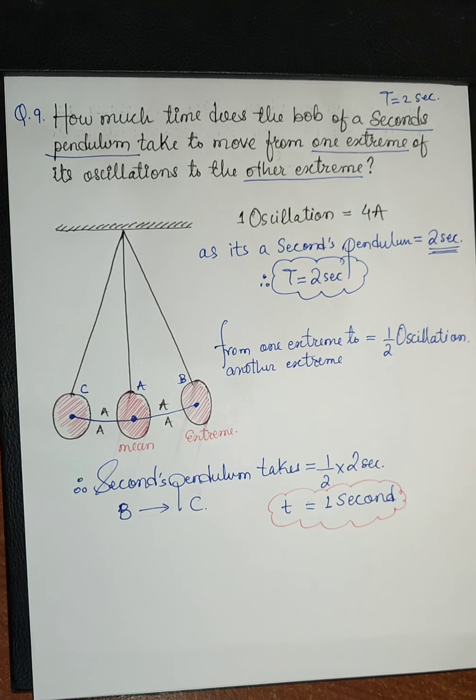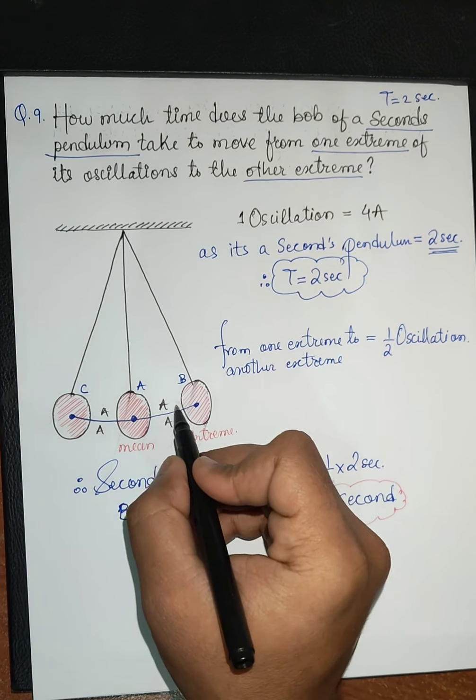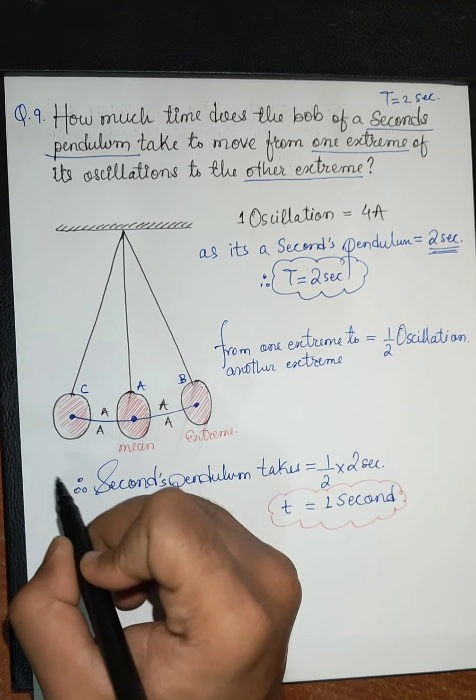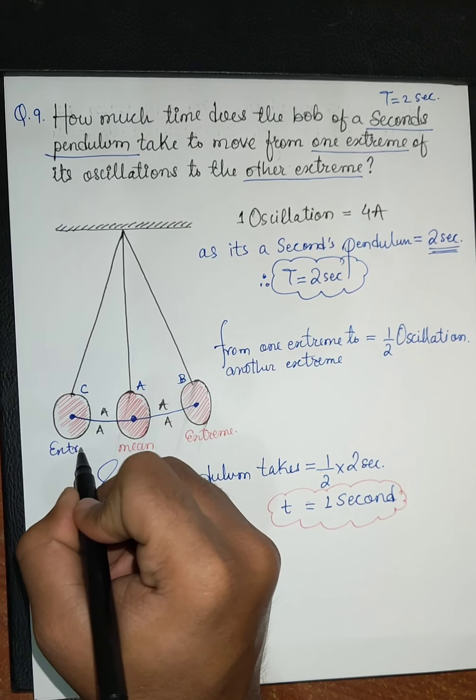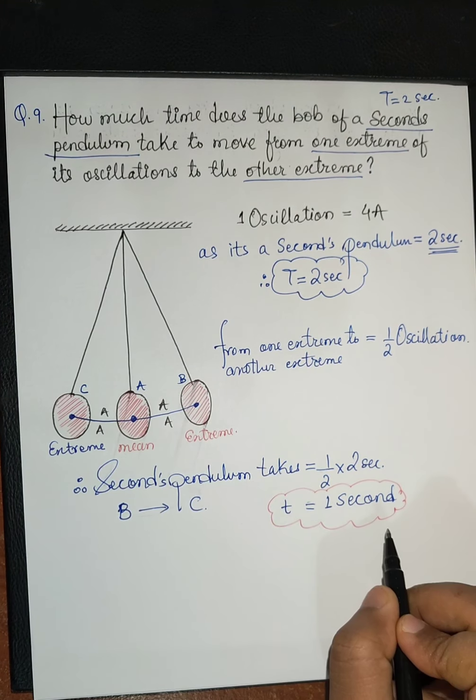What is this small t? I am repeating again: it is the time taken by the bob to move from one extreme to another extreme.